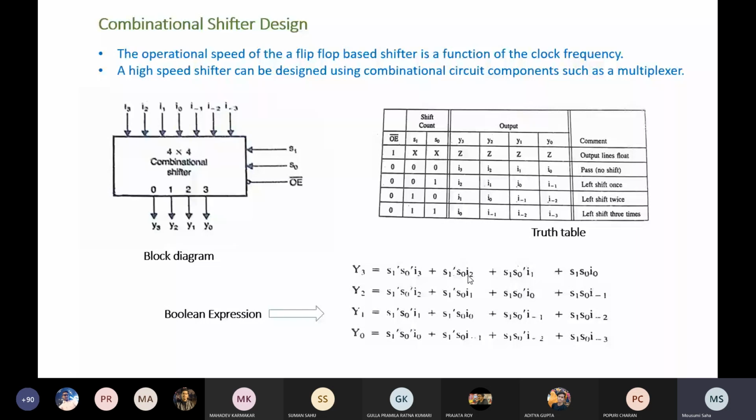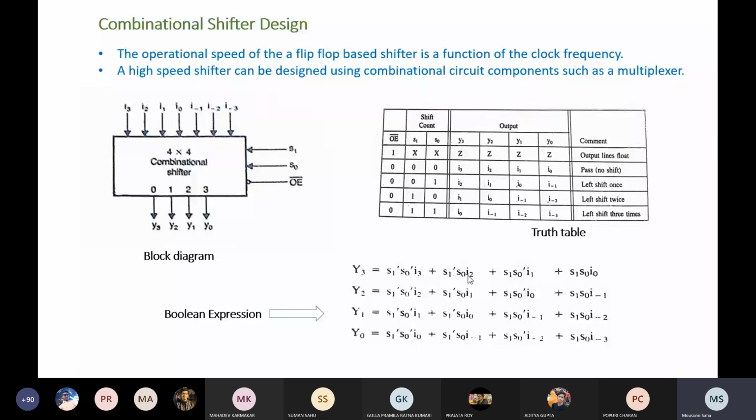For 01, Y3, Y2, Y1, Y0 will be I2, I1, I0, I minus 1. For 10, output Y3, Y2, Y1, Y0 will be I1, I0, I minus 1, I minus 2. And for the last case, 11, Y3, Y2, Y1, Y0 will be I0, I minus 1, I minus 2, I minus 3.